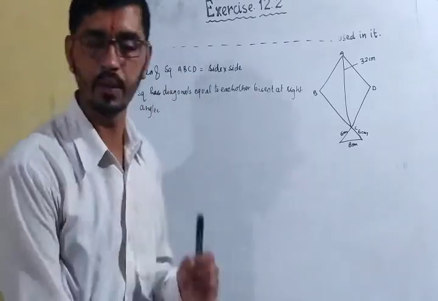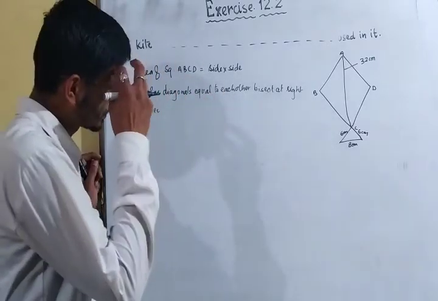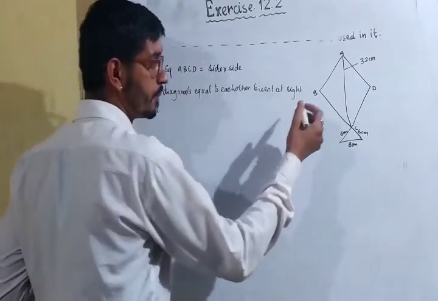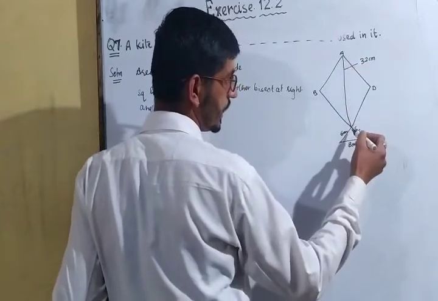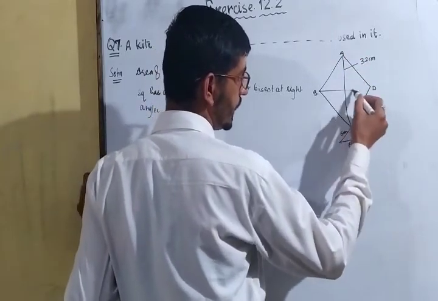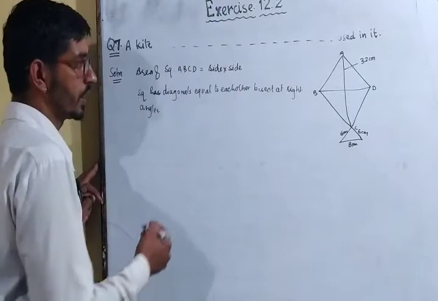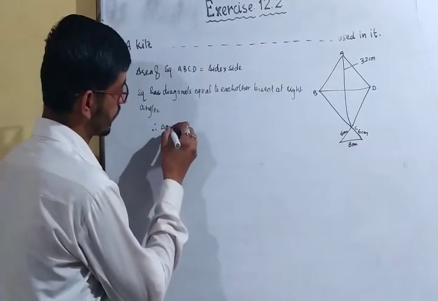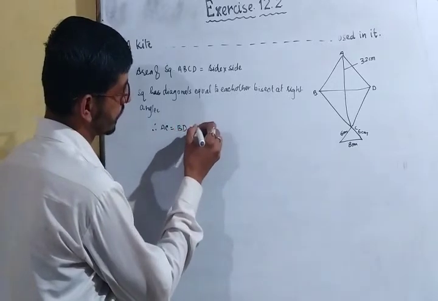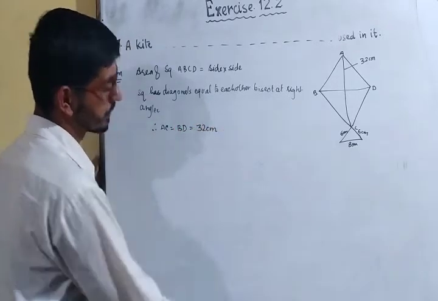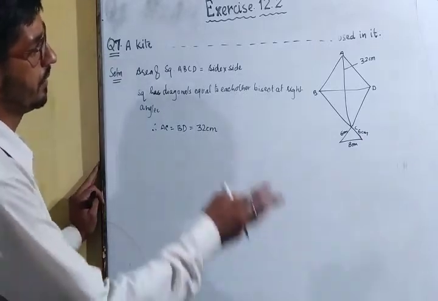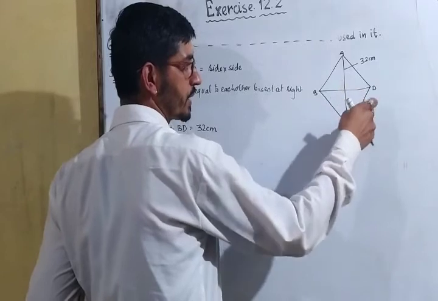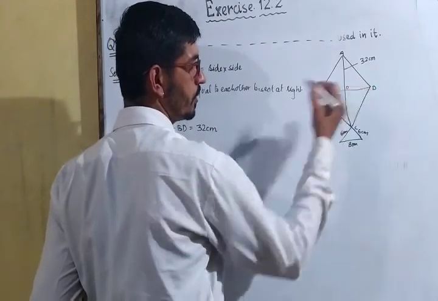These two properties are very, very important for finding the side of a square. First, diagonals are equal to each other and they bisect at right angle. That means if AC is 32, so BD will also be 32. Okay. So hence, therefore, what you can write, AC equal to BD equal to 32 centimeter. Okay. Now, with the help of this diagonal, we have to find the side. That's what this is O.